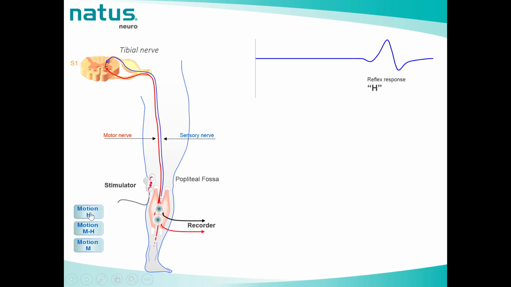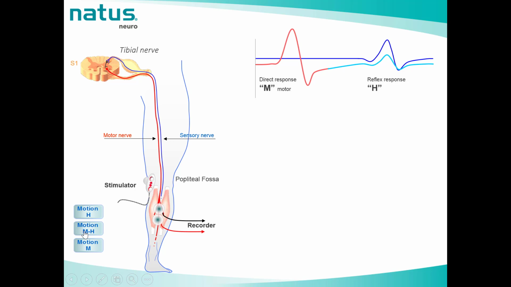As we increase the stimulation, we will reach the stage where we have H and M motion. In that case, both types of fibers are stimulated, and we have a collision between the efferent information from the motor nerve and the sensory reflex.